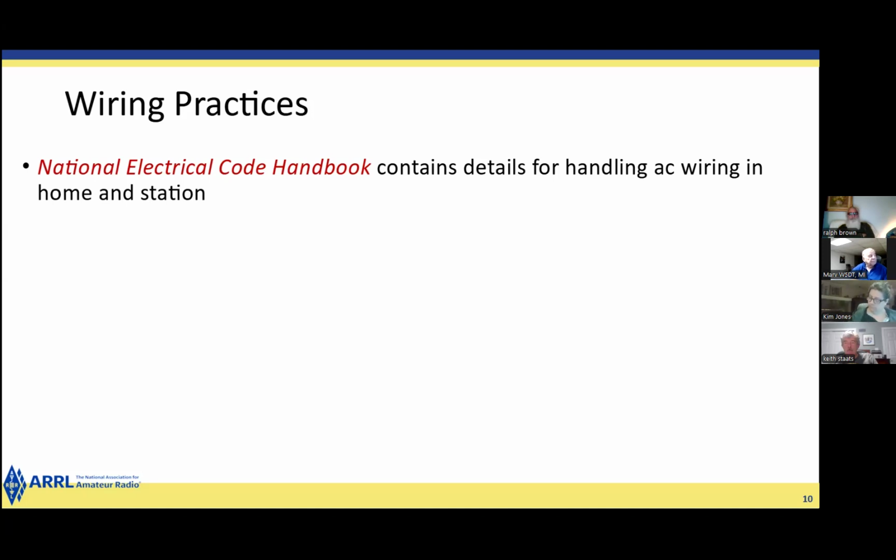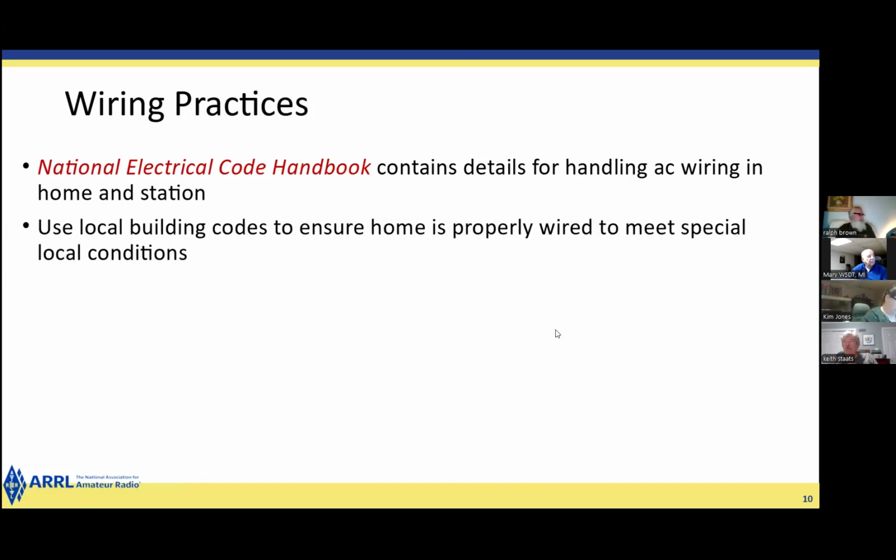I don't know if you necessarily have to have a handbook, but certainly you can get information on local building codes to ensure that your home is properly wired to meet local conditions.